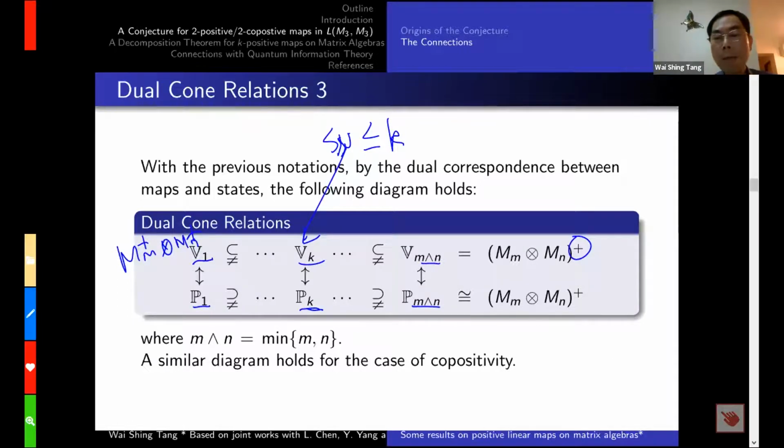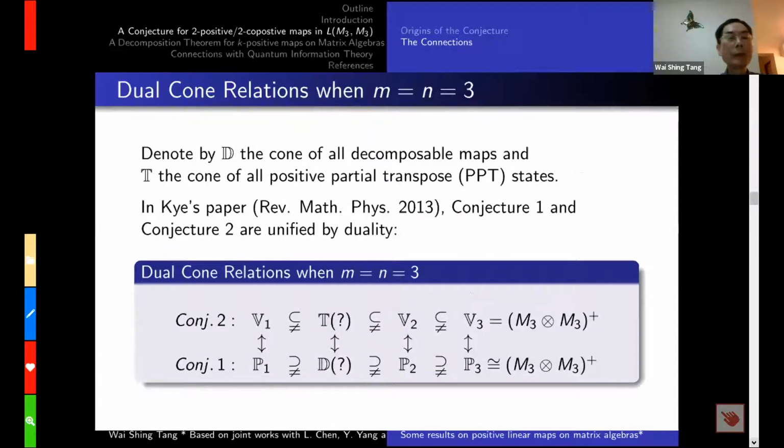So we have this bilinear pairing, and in the special case when m equals n equals 3, we have this situation. The problem is to determine whether, at the level of linear positive maps, the decomposable maps sit in here, or in other words, whether all 2-positive maps are decomposable.